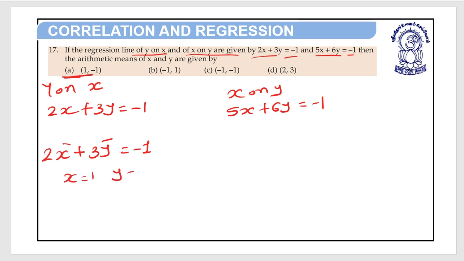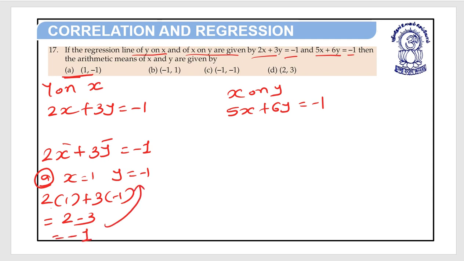X is equal to 1, y is equal to minus 1, option A. So put into this equation: 2 into 1 plus 3 into minus 1. It becomes 2 ones are 2, minus 3, is equal to minus 1. So after putting this x and y, we will get minus 1, matching the right side.